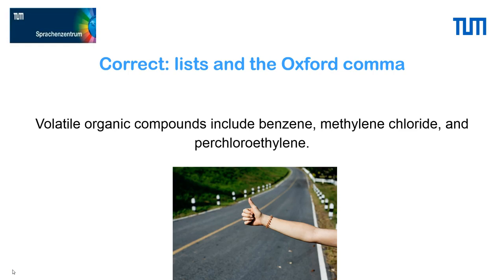All of the commas are fine here. So the first two commas, the first comma after benzene, this is just a comma for a list. Now the one that occurs after methylene chloride and before and, that is perhaps the one you might have asked yourself questions over. Do you really have a comma before and in a list?